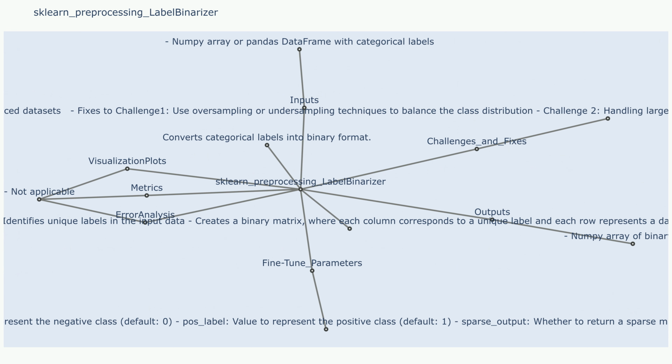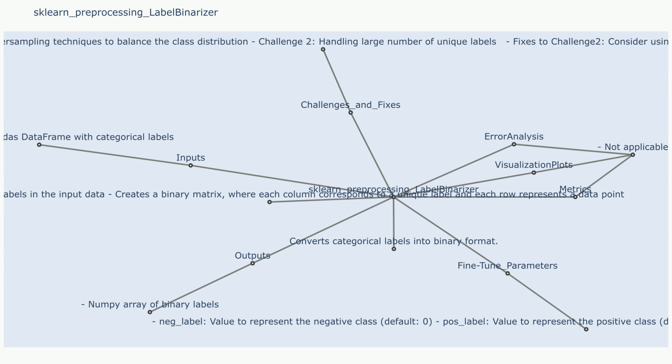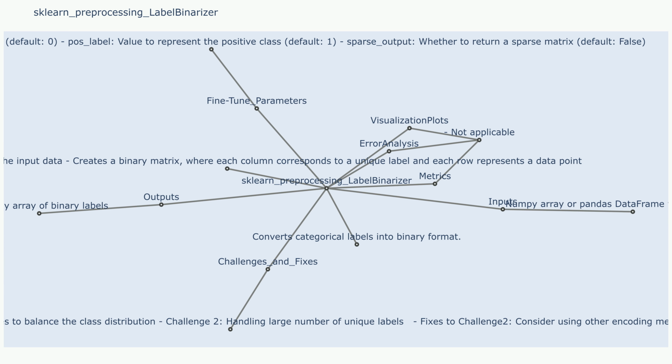Metrics. Metric 1: None. LabelBinarizer is primarily a data preprocessing technique and does not directly evaluate model performance metrics. Metric 2: None. Visualization plots. Visualization plot 1: None. LabelBinarizer's output is typically used as input for other algorithms, and visualization plots are not directly applicable. Visualization plot 2: None.